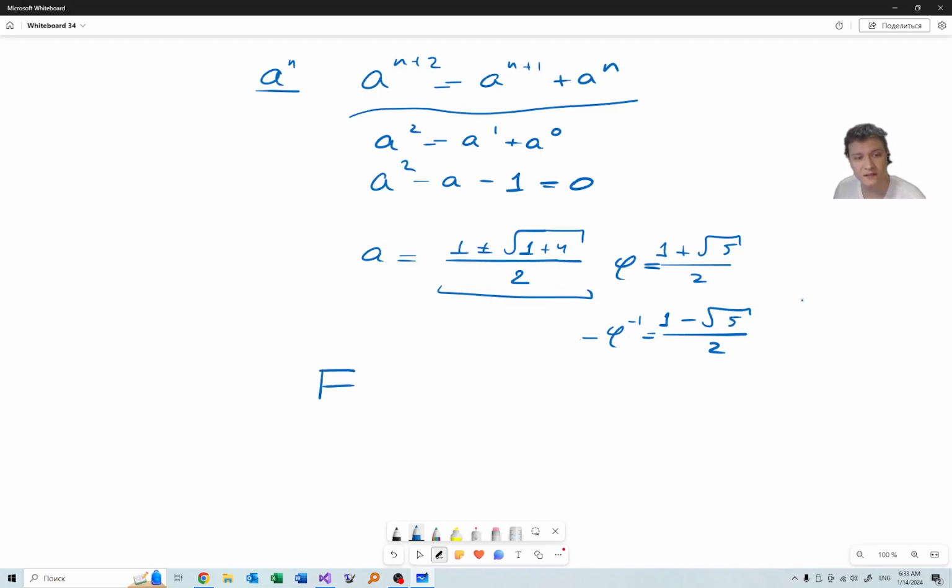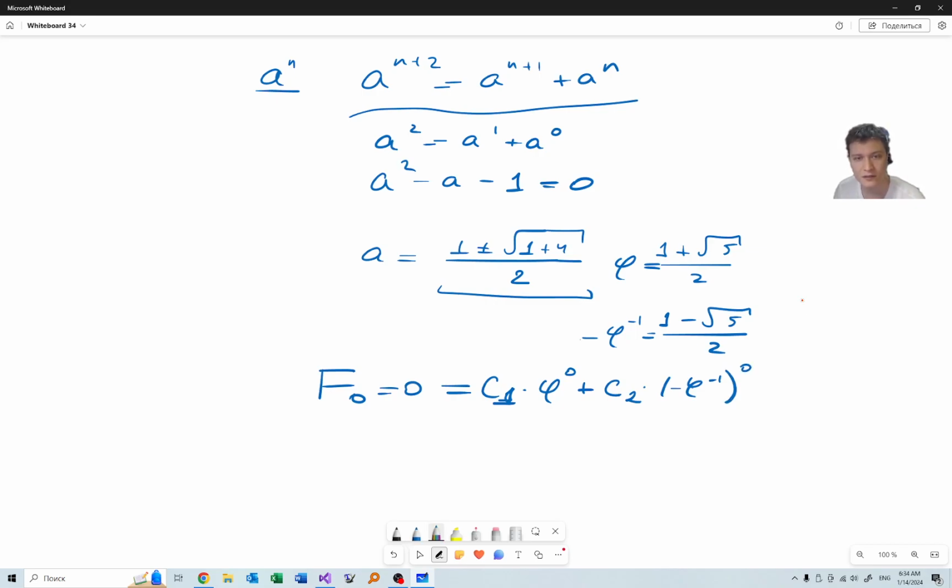So we know that f0 is 0, and it is c first times phi to the power of 0, plus c second times minus phi inverse to the power of 0.